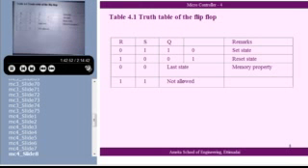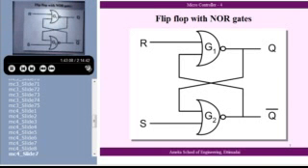The first two sets are clear. The behavior is very clear, a unique behavior depending on the R and S combination, when they are unlike. Now let me take the case when both are 0, 0. If R is 0, as far as the NOR output is concerned, this is an OR gate.